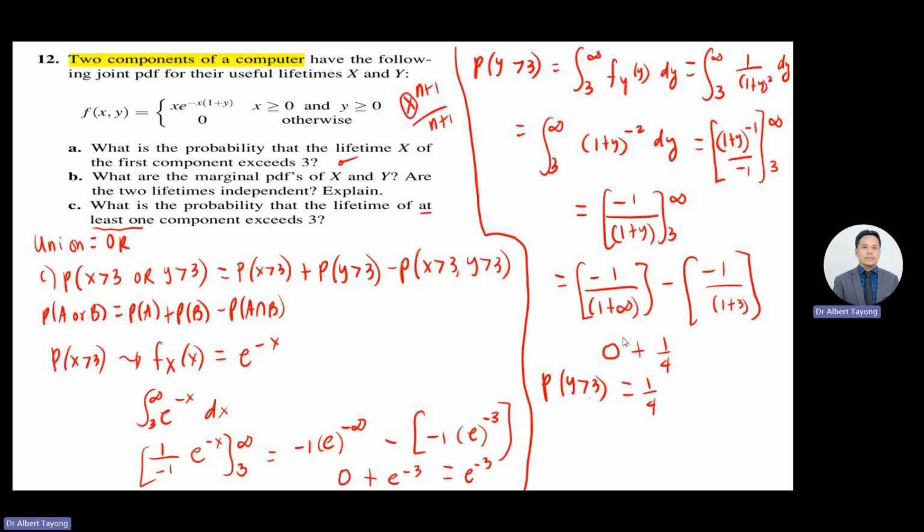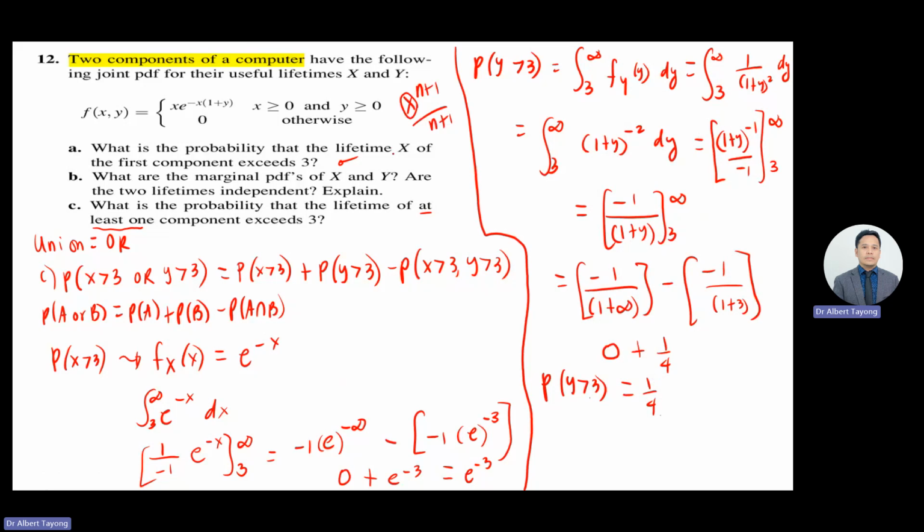Try, for example, 1 over 15,000. So it's going to approach 0. And negative times 0 is 0. And this is minus negative, that becomes plus. 1 plus 3 is 4. So the answer is 1 over 4.